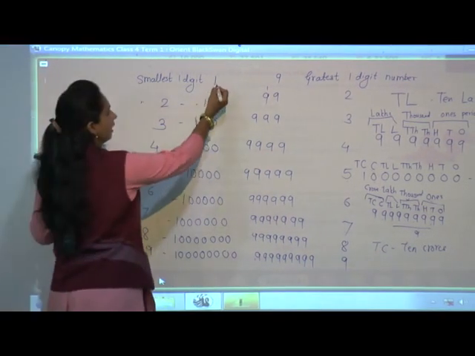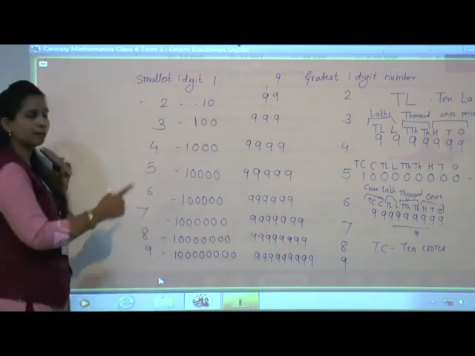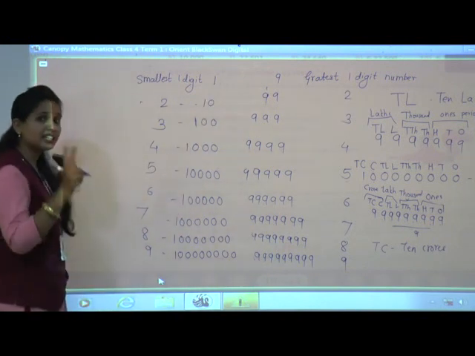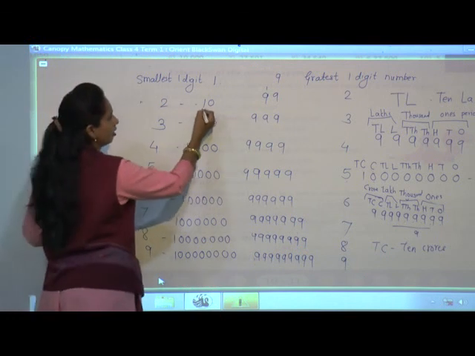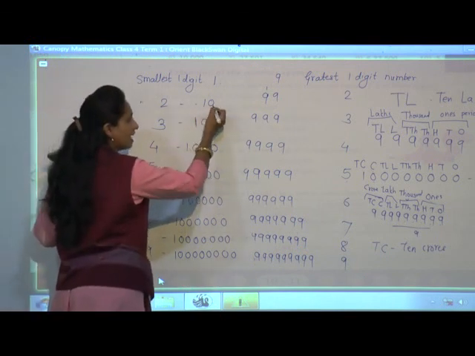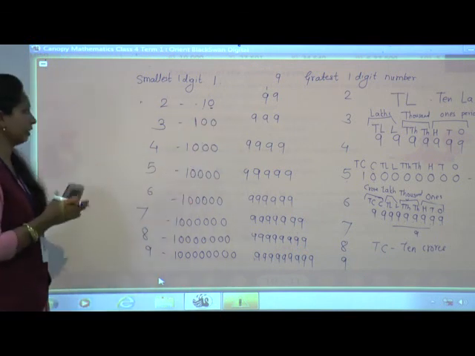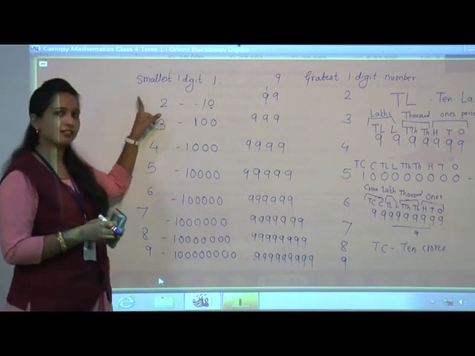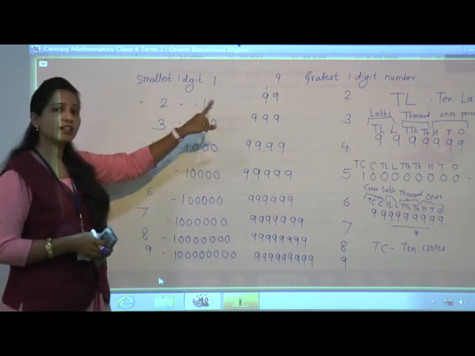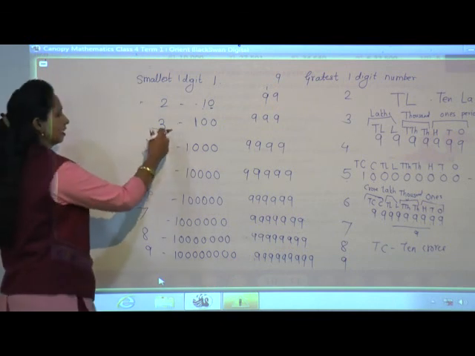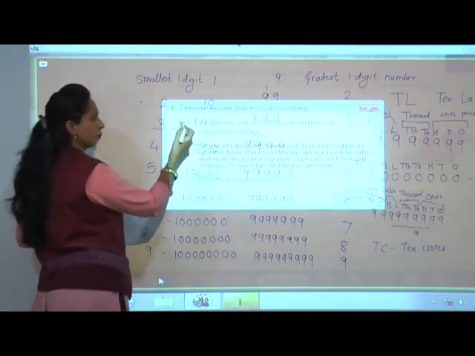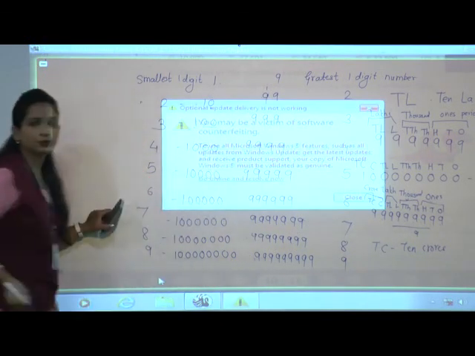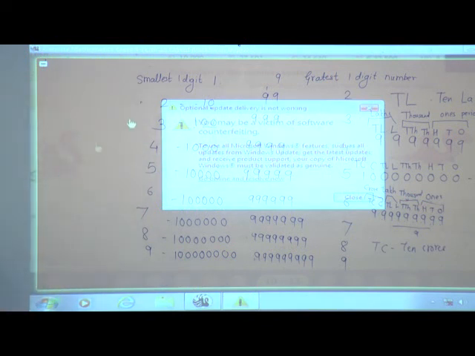Now see, in the smallest 1-digit number only 1 is there. In the smallest 2-digit number, after 1, one 0 will come. Keep in your mind. Next, in the smallest 3-digit number, after 1, 2 zeros will come.